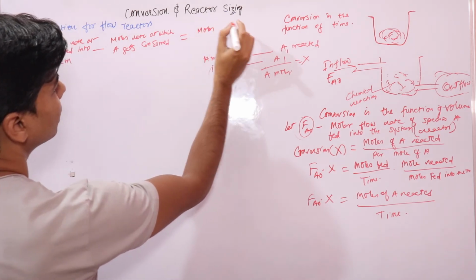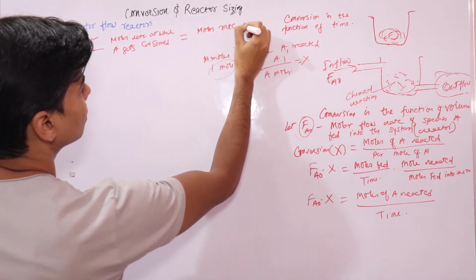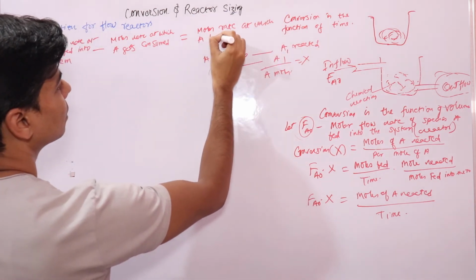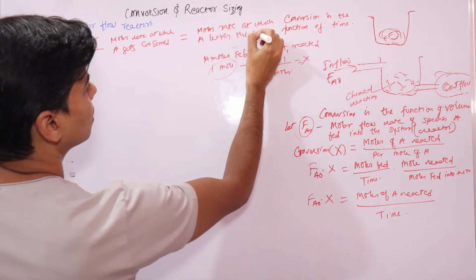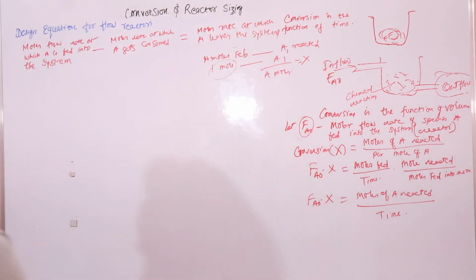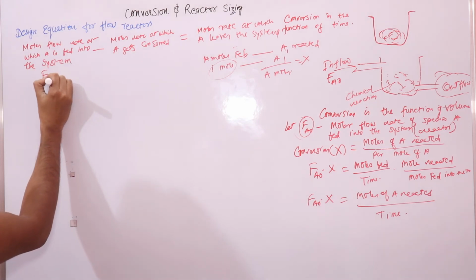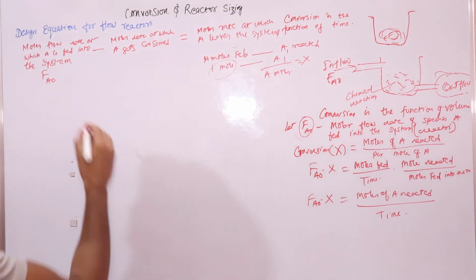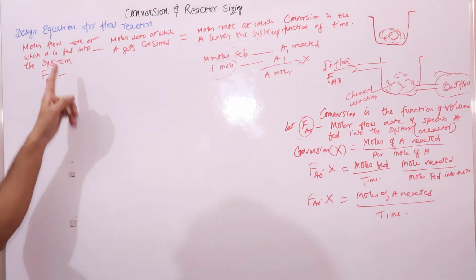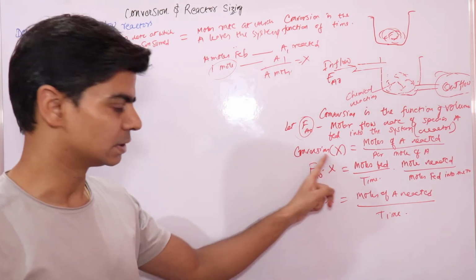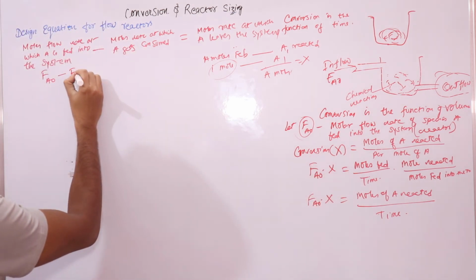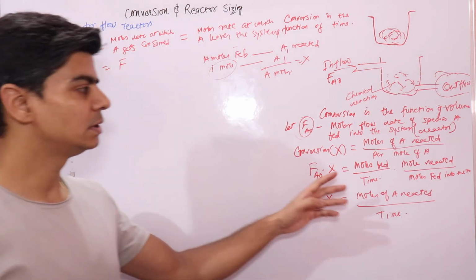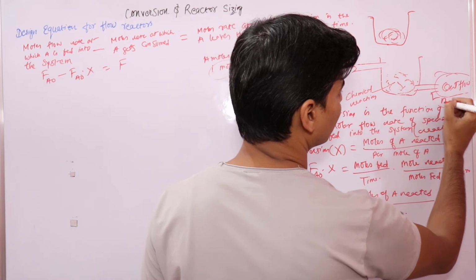This is the mole rate at which A leaves the system. This is your FA0, which is fed into the system, minus what is consumed, which is this FA0 X, is equal to what is going out, which is your FA.